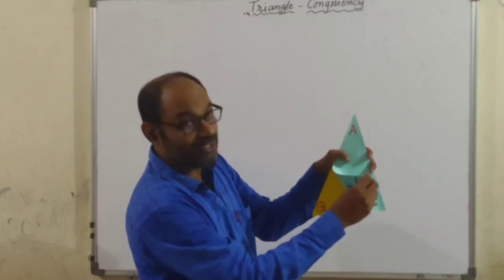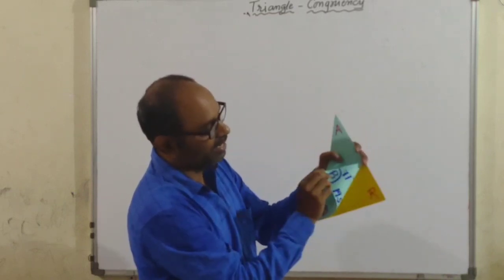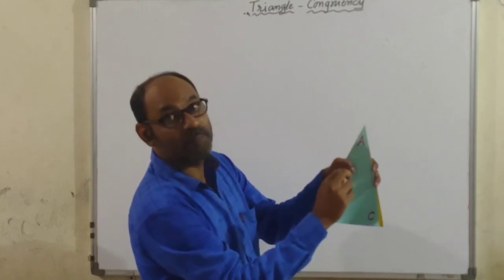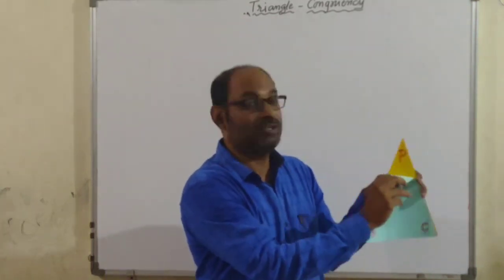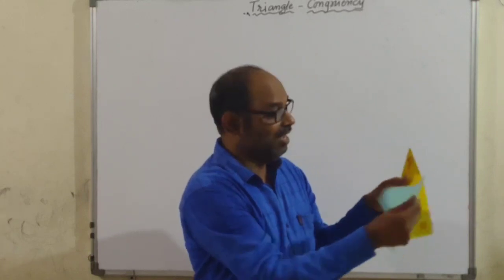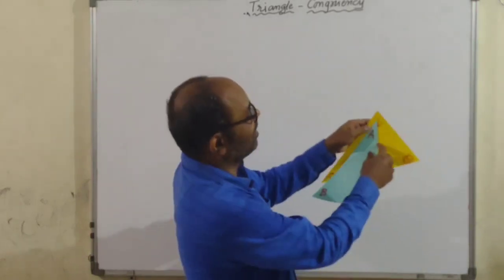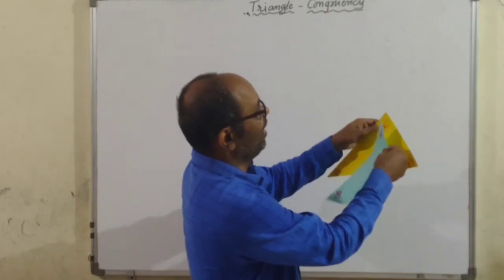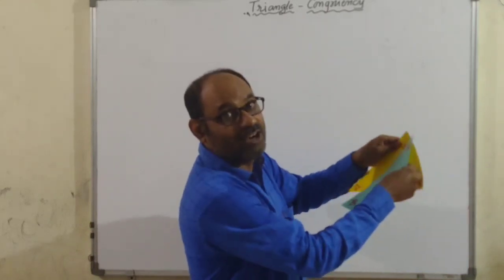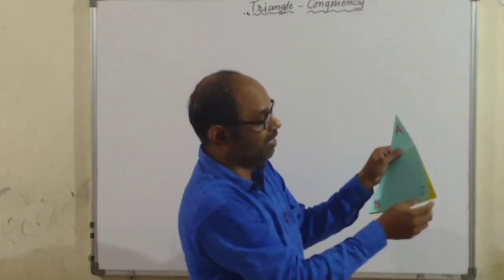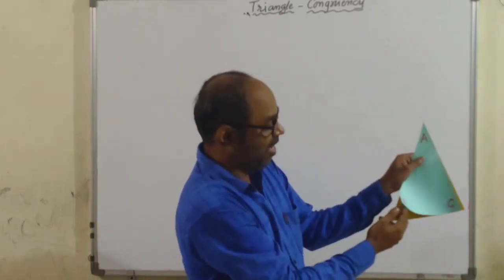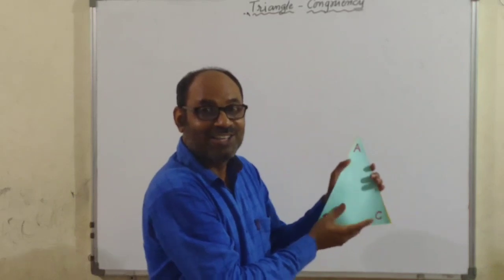So angle A corresponds to angle P. Angle A is not congruent to angle R, children. See this here. Angle A and angle R are not equal. They are not congruent. A corresponds to P, then they become congruent. C corresponds to R and B corresponds to Q.